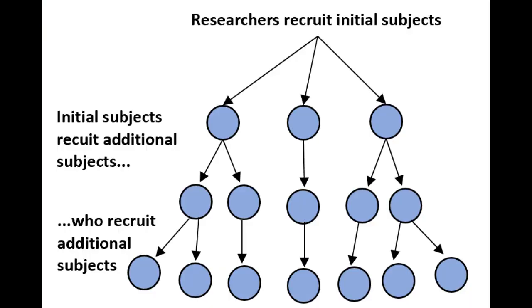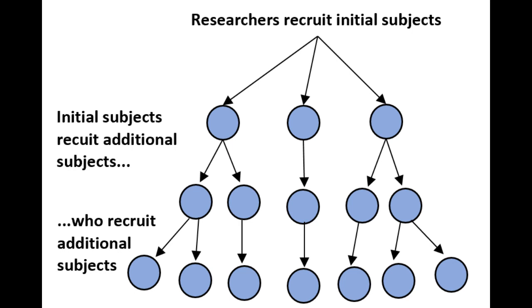Another is snowball sampling. If the population is hard to access, snowball sampling can be used to recruit participants via other participants. We call this also a referral type of sampling. So the number of people you have access to snowballs as you get in contact with more people, as you have a lot of referrals that you can get from the individuals that you have communicated with or you have sampled.